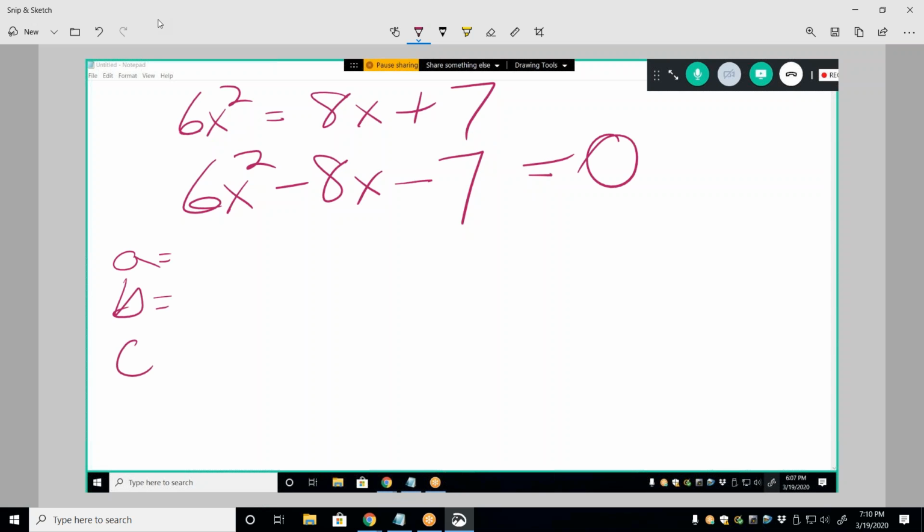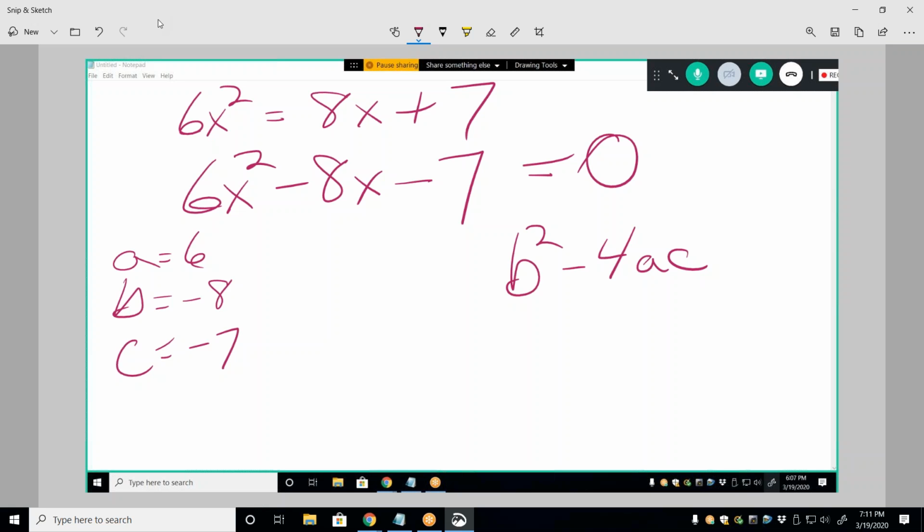A is 6, B is -8, and C is -7. Now, the discriminant is this. It's not the square root of that, it's that. So, what is the discriminant?